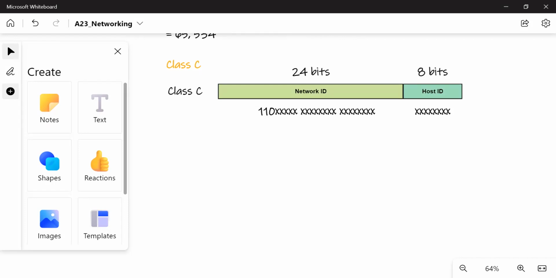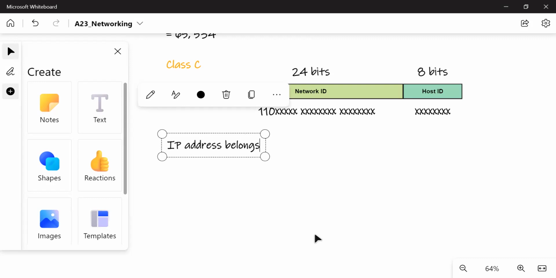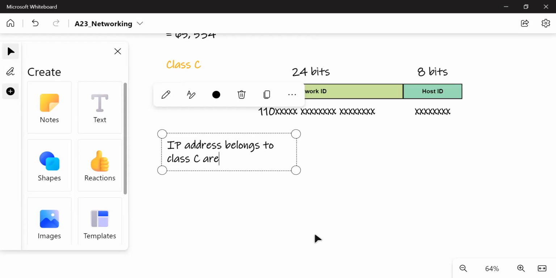Now let's continue. When we talk about class C, IP addresses belonging to class C are assigned to small size networks.